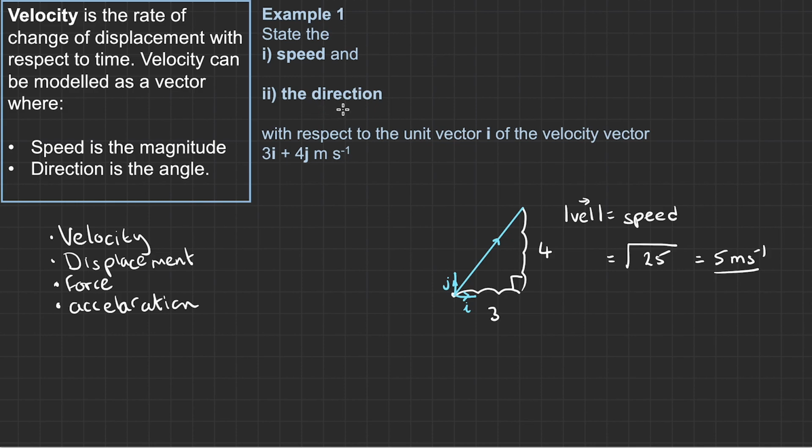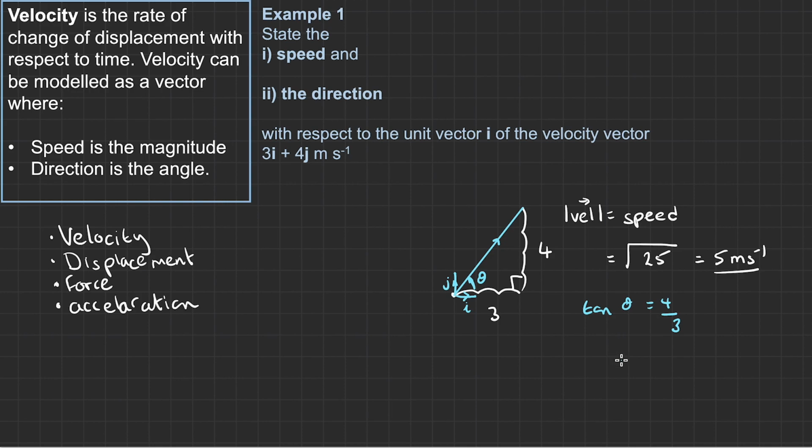Okay, so now the direction. We're asked to work out the direction with respect to the unit vector i. So what we're looking at is this angle here, which we'll call theta. We can work out theta using trigonometry, where the tan of the angle theta is the opposite, 4, divided by the adjacent, 3.